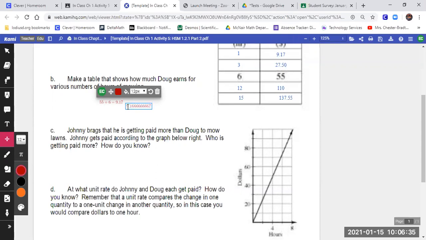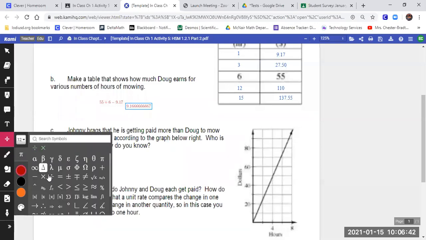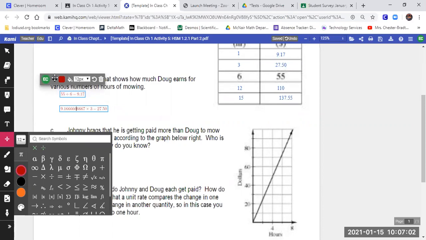It was doing this times the 3 hours. Got us the 27.50. Okay. Now notice to move this, I grab this little X and I just move them to where I need them to be. So I can move my equation boxes just like I can move my text boxes. Okay. And then we use that answer again.